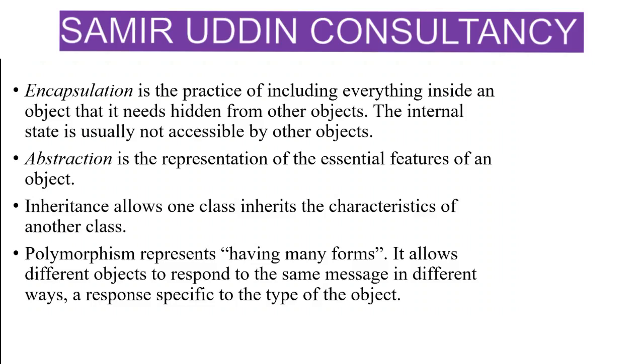Abstraction is the representation of the essential features of an object. Inheritance allows one class to inherit the features or characteristics of another class. Polymorphism represents having many forms. It allows different objects to respond to the same message in different ways, as a response specific to the type of object.